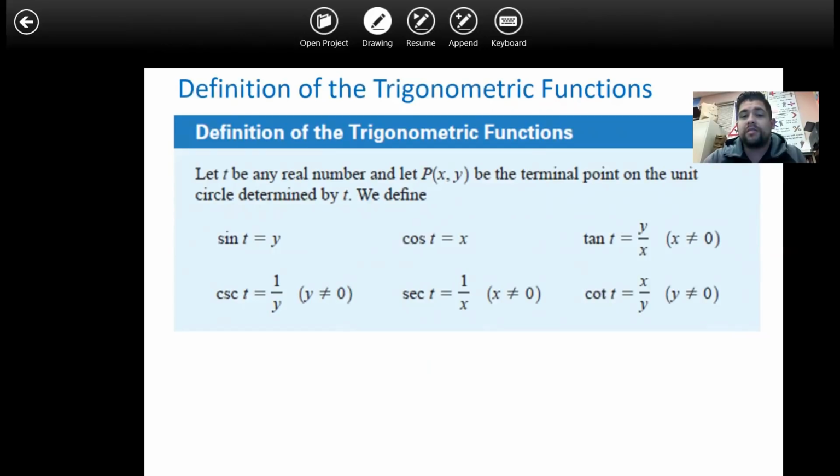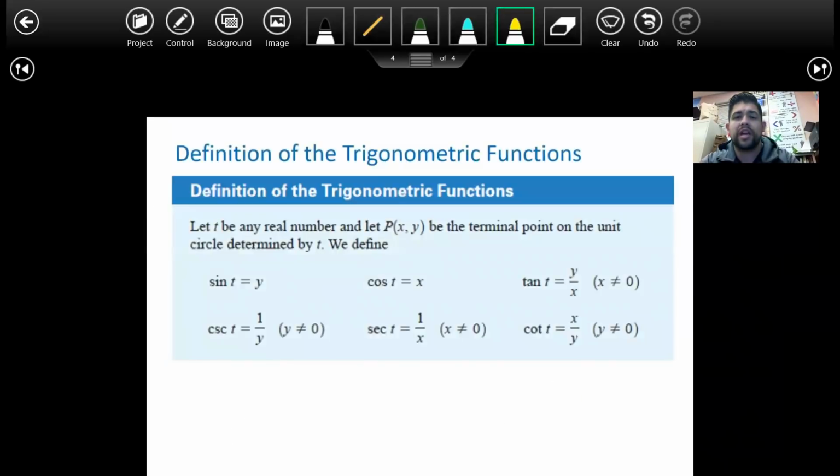In our terminal points, P, or the point that's given on the unit circle, we can associate different values for these. Specifically, the ones we're going to focus on are sine, cosine, and tangent. Secant, cosecant, and cotangent are the inverses of these functions, but we are going to generally look at these three.